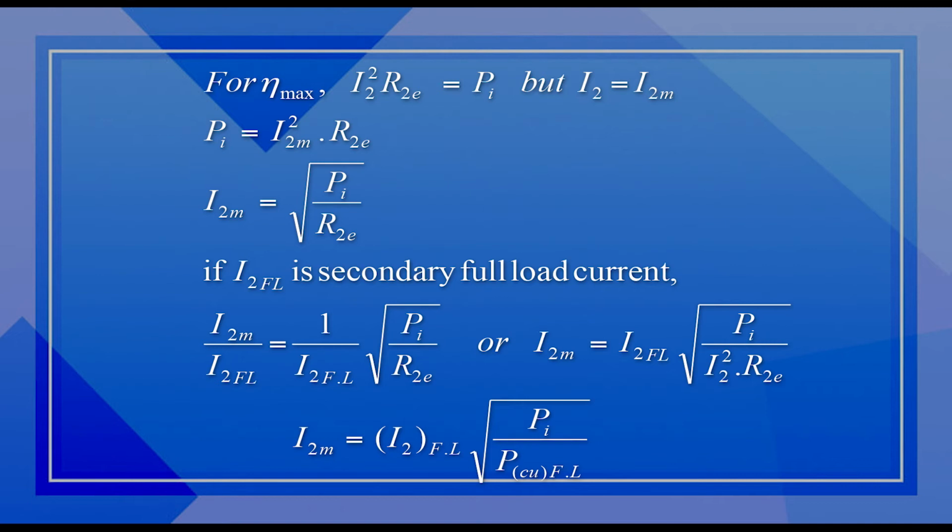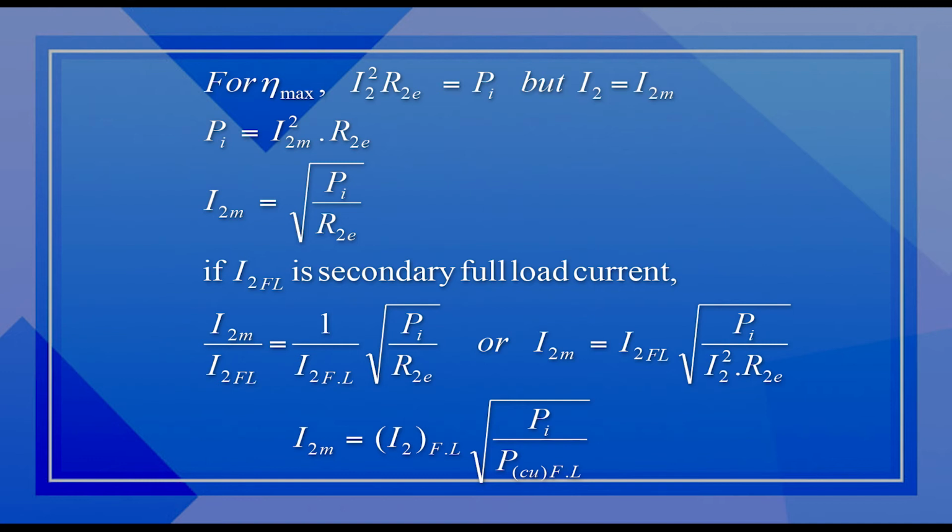So it can be written as I2M upon I2FL is equal to 1 upon I2FL under root Pi upon R2E. Here, in the right-hand side denominator, this I2FL can be taken inside the under root. So it can be written as I2M is equal to I2FL under root Pi upon I2 square R2E.